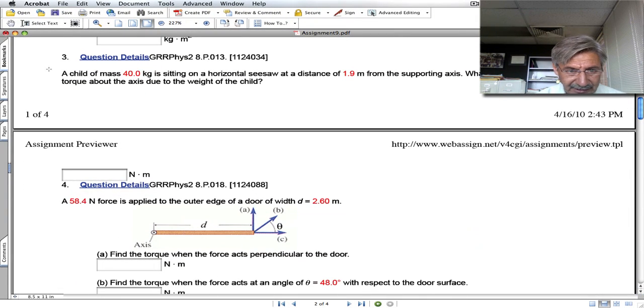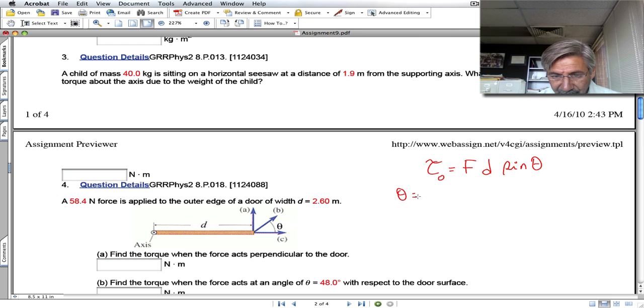Actually, number 3 is an example of number 4, because in number 3 the weight is, in this particular case, perpendicular to the distance. So the torque, remember, is the force times the distance from the point you are calculating the torque about, times the sine of the angle between the two.